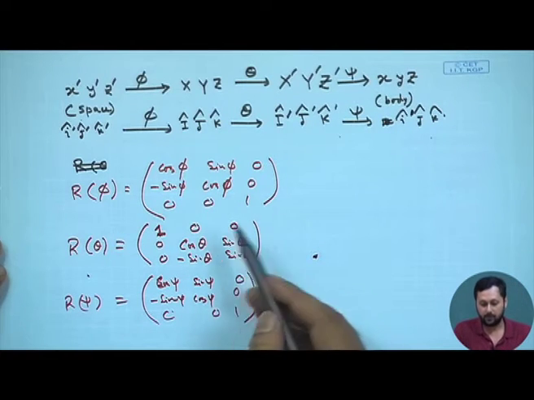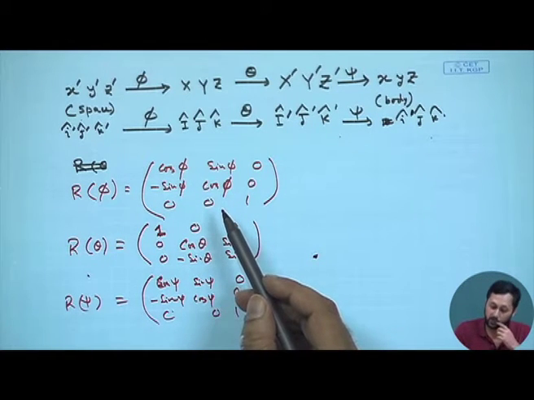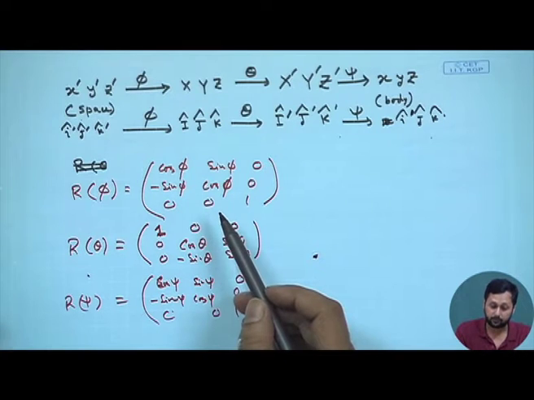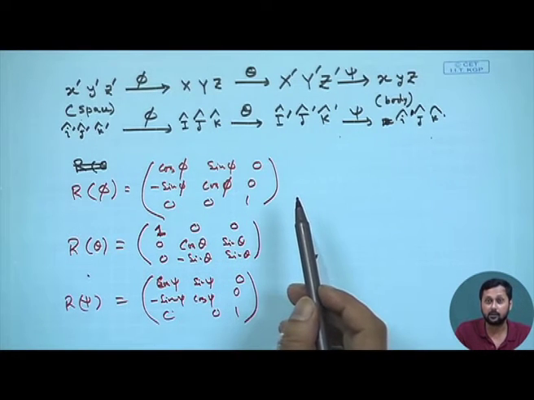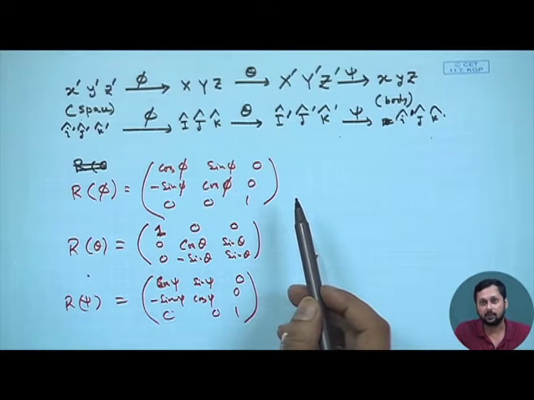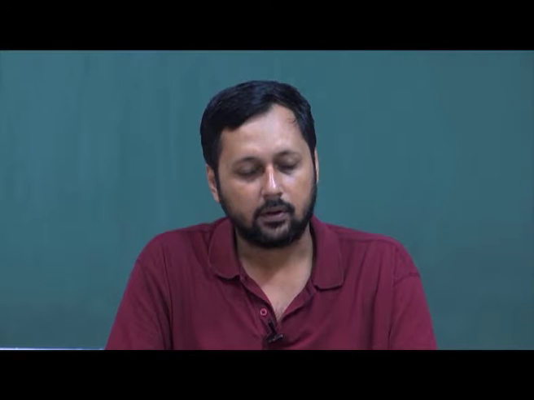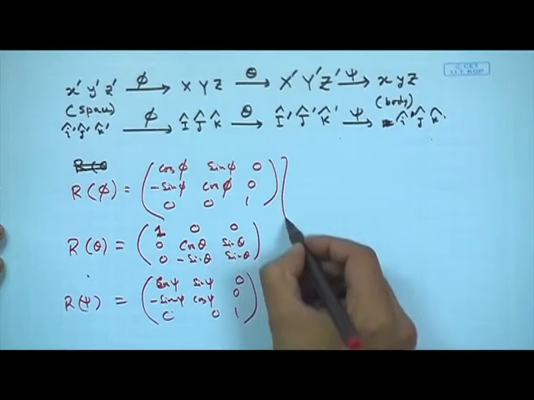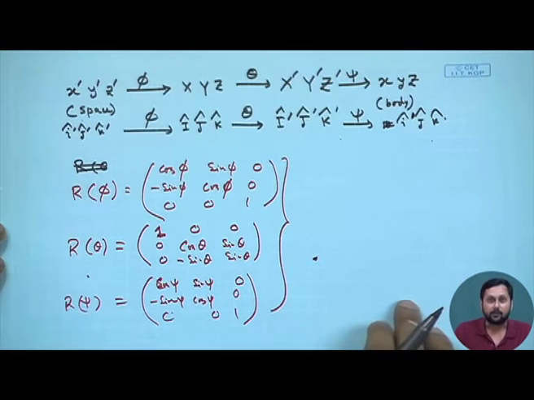Everywhere it is an anti-clockwise rotation, and please remember these are passive rotations, because the coordinate system itself is moving. Yes, we can call them passive rotations. Anyway, now what to do with these matrices?